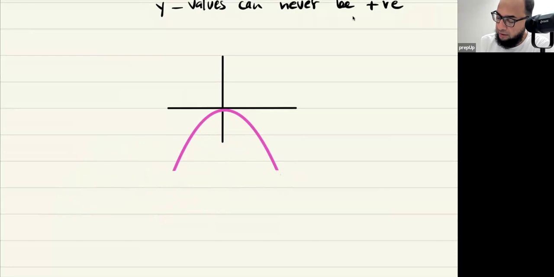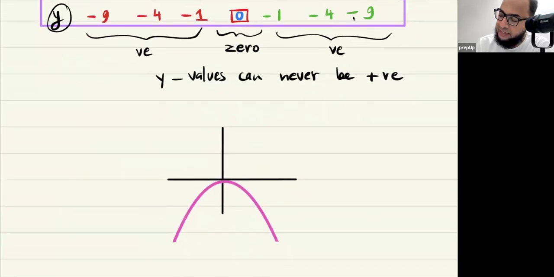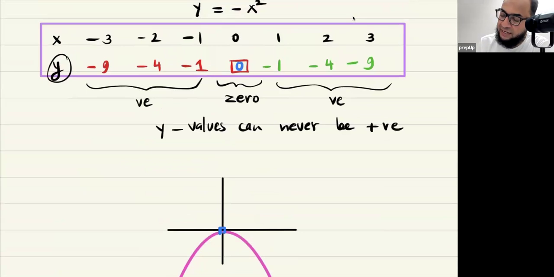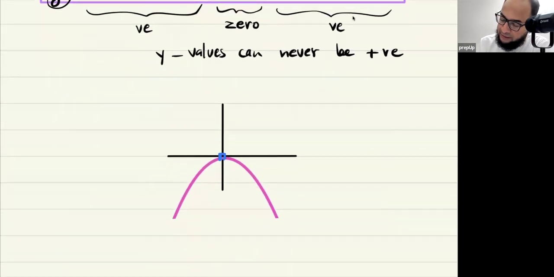So over here, what do we have? This is the blue color: when x is 0, y is 0. And over here, what else do we have? When x is positive, y is negative. So this is positive and then negative like this. And over here, when x is negative, y is negative, something like this.